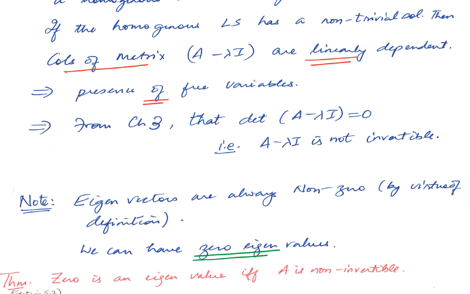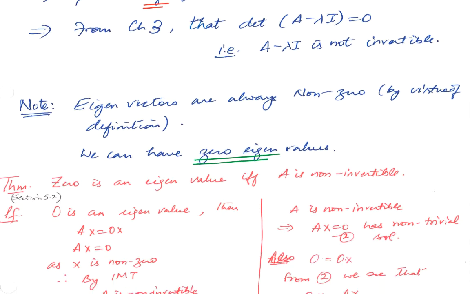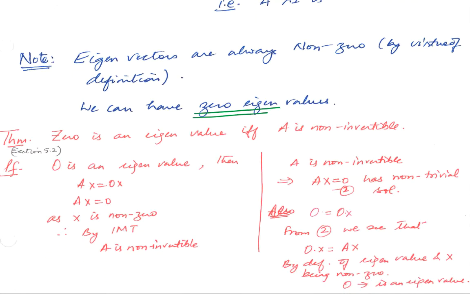It's a little bit coming from section 5.2, but I thought this would be an appropriate place to talk about it. So 0 is an eigenvalue if and only if A is non-invertible. Non-invertible means that the determinant is 0 and the matrix does not have an inverse. A non-invertible matrix is called singular, if you remember that, guys.